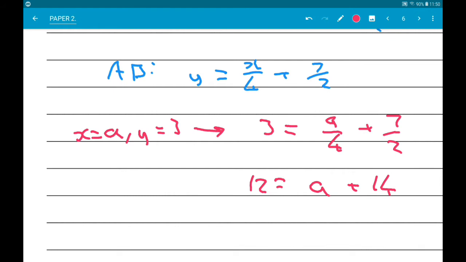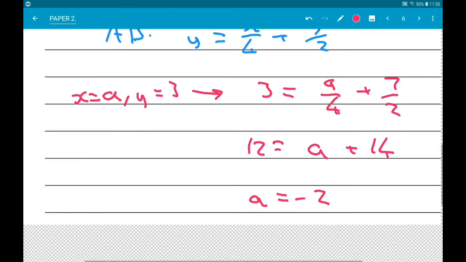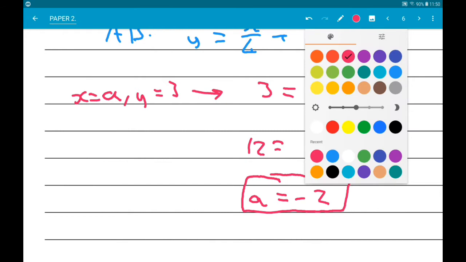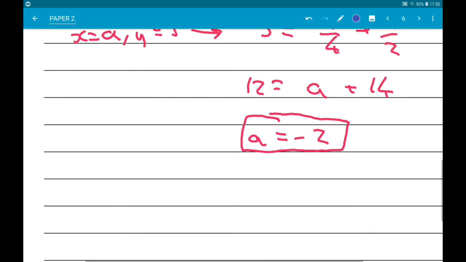So a is minus 2. Okay, so now we know the two ends of the diameter. So we now know that A is minus 2, 3. And B again is 10, 6.